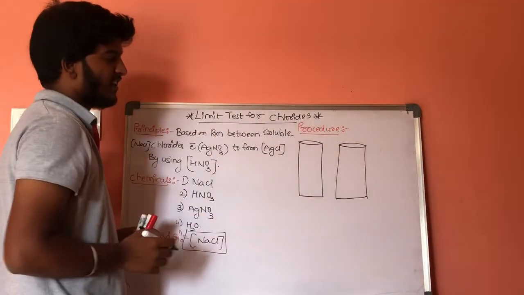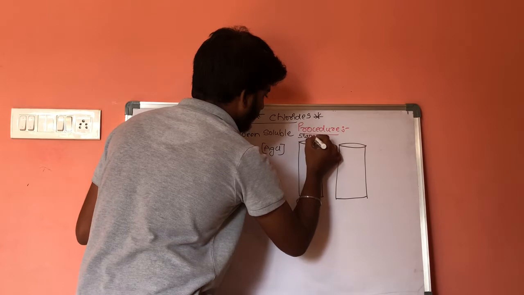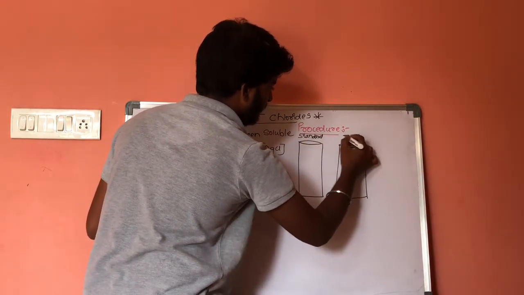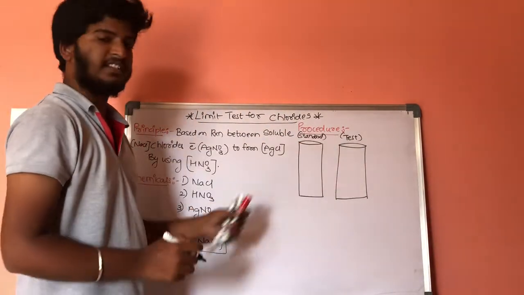These are the 2 Nessler cylinders. This is the standard one, while this is the test one. One is the standard solution, while the other is the test solution.